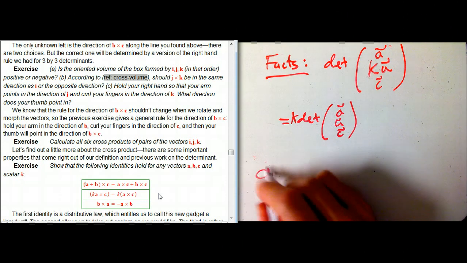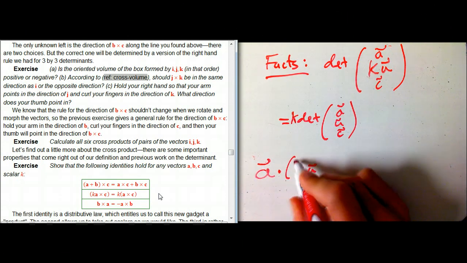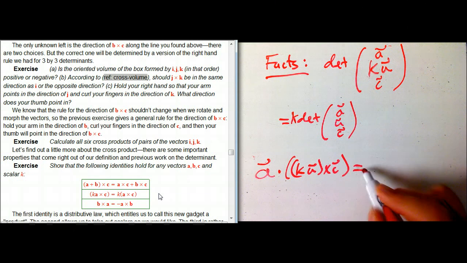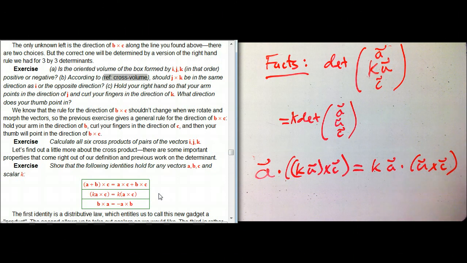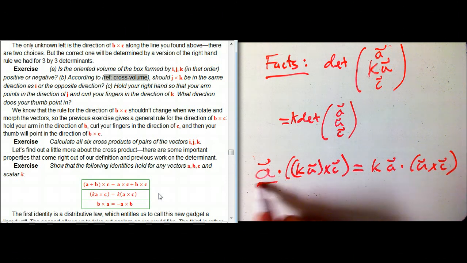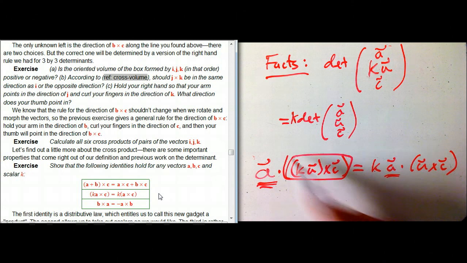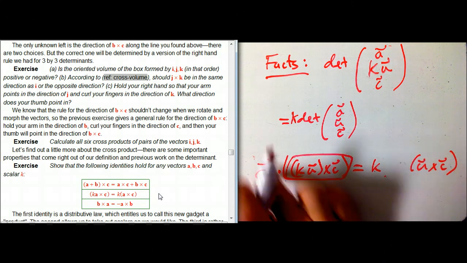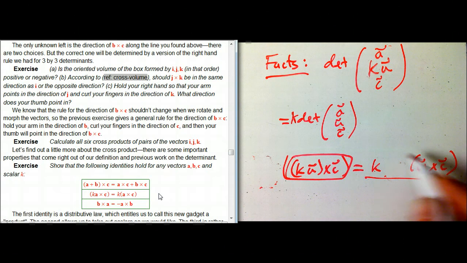It says that A dot (KU cross C) equals K times A dot (U cross C). And again, this is true no matter what the vector A is that you're dotting in. Only way that's going to happen is if this vector is equal to this guy. So you can factor out a K.